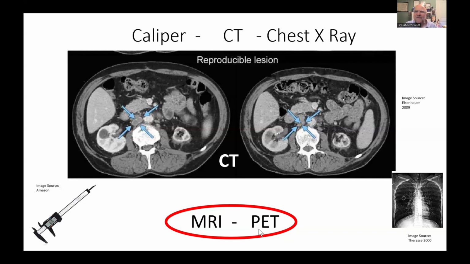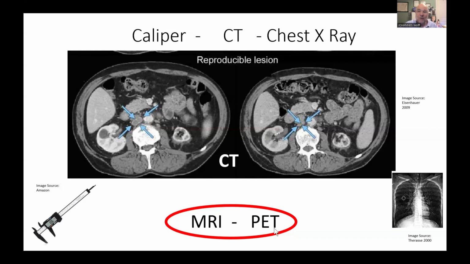But PET is functional. So a big difference between the more anatomic methods, such as MRI and CT, versus PET, the functional image, is a dead lesion, a scar from a surgery where there was a tumor before, but now there is no tumor anymore. It may still show as tissue that doesn't belong in CT, and it may show in MRI.